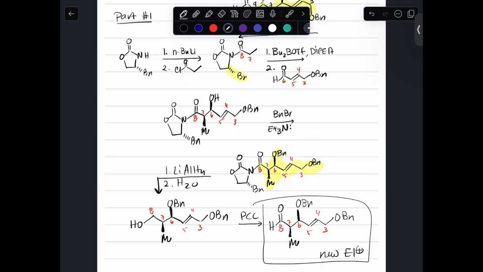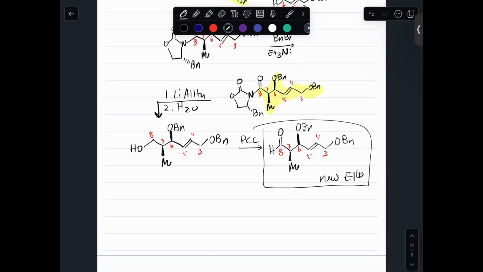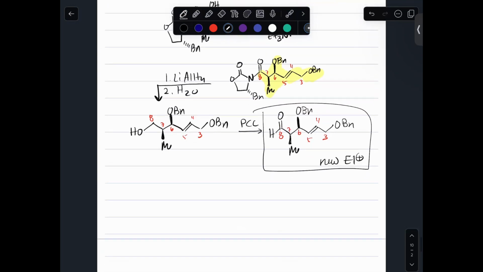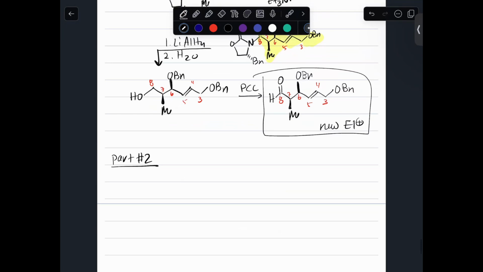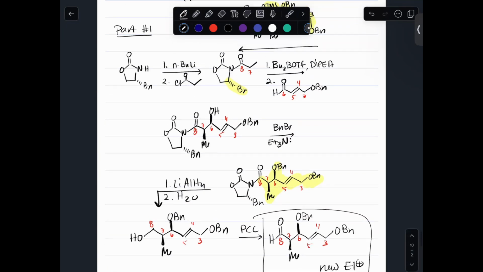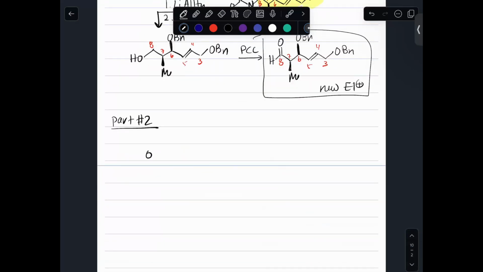Now I can move on to part 2 and introduce the remaining alcohols, or the remaining carbon chain. Part number 2, which is carbons 9 and 10. Now, in this case, I want dashed syn products, which means I'm going to have to use the oxazolidinone with the wedged substituent.